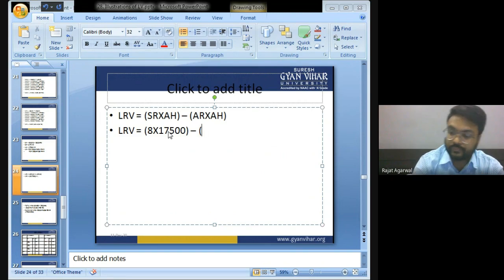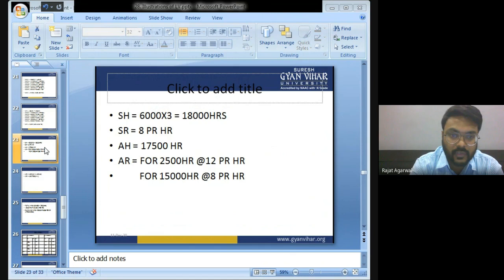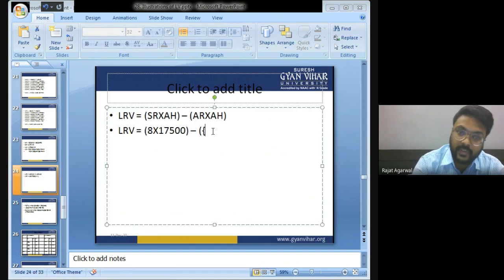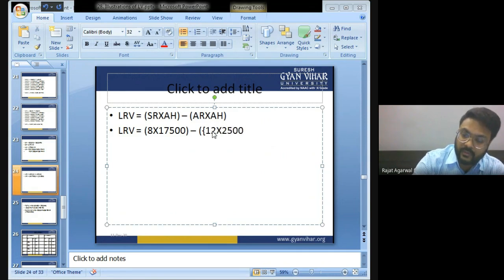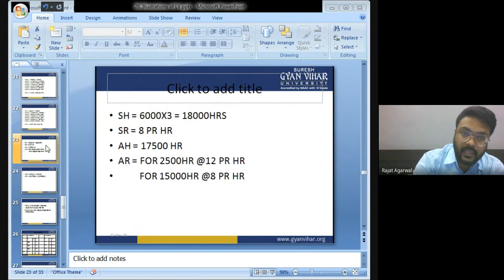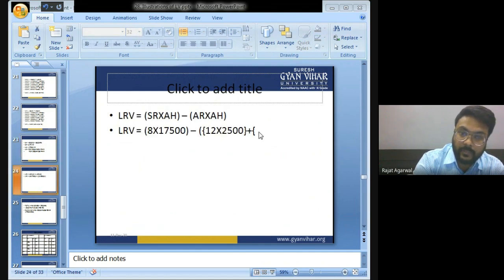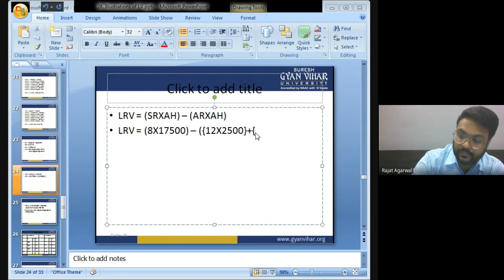Now, actual rate is 12 for 2,500 plus 8 for 15,000, that is 8 into 15,000.